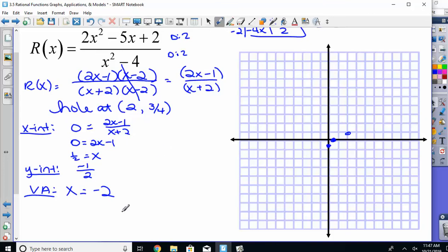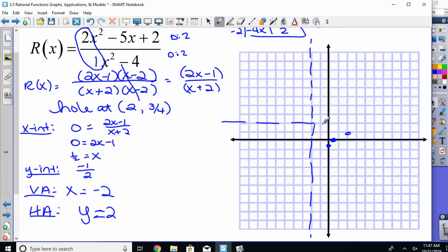So it's horizontal. Y equals, so 2/1 is 2. All right. So now we can plot everything. We've got vertical at -2, horizontal at +2.